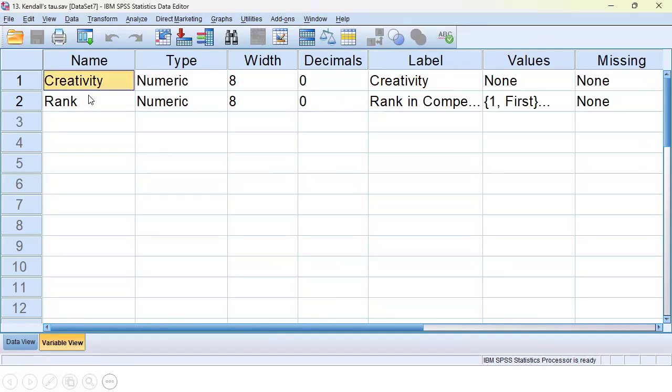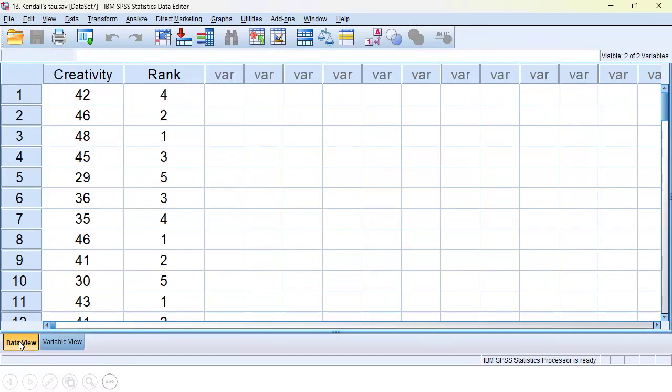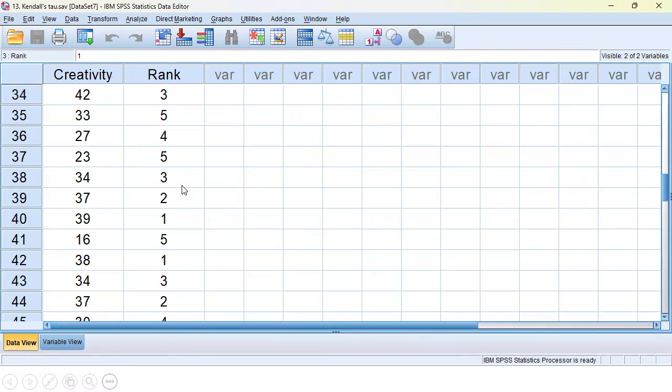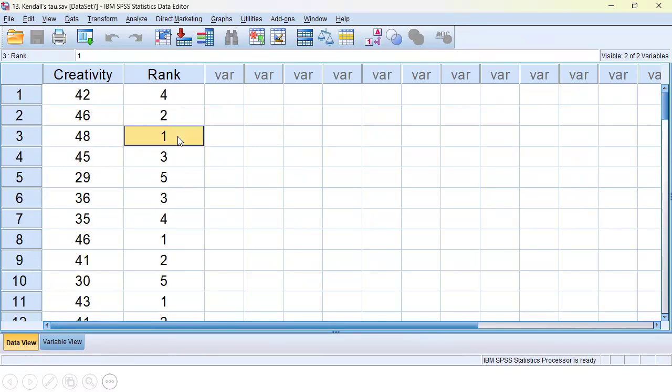The creativity and rank. So in this case, the creativity is 40 and rank is 4 and rank is 1. So this is data of 50 respondents. So here there are ranks. In this case, there are 10 tests, 5 respondents in each group.